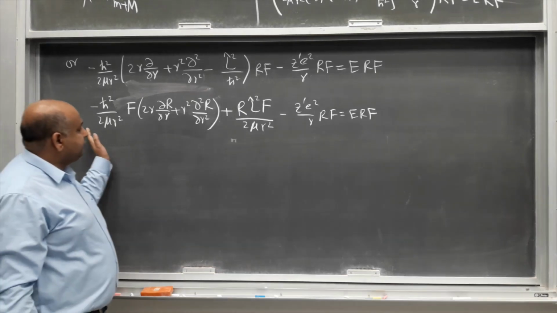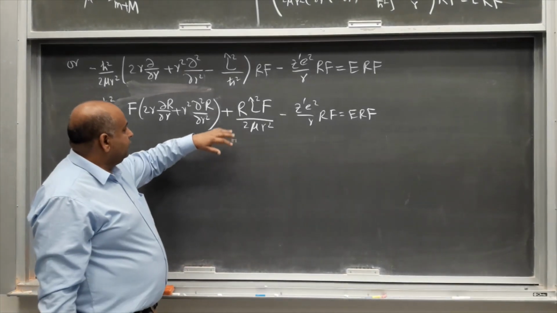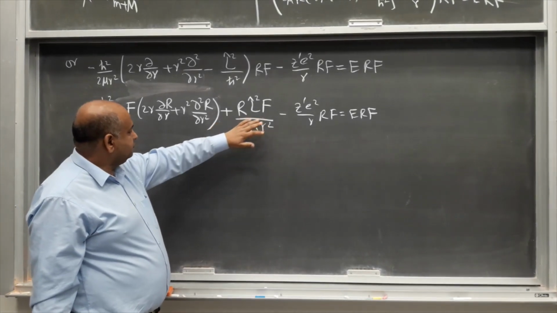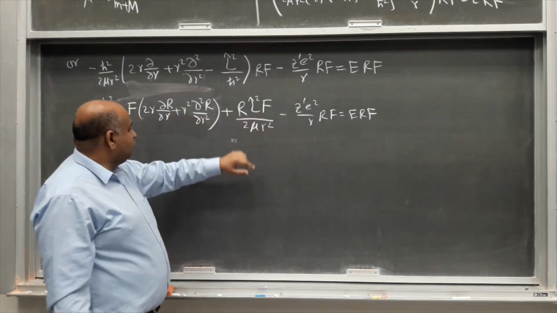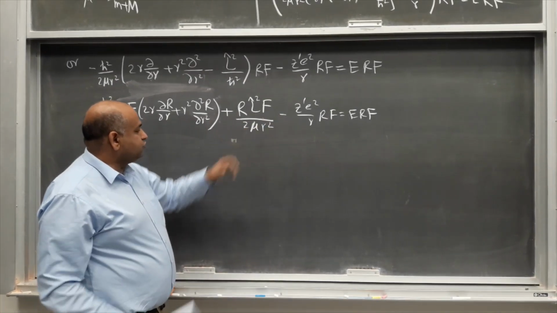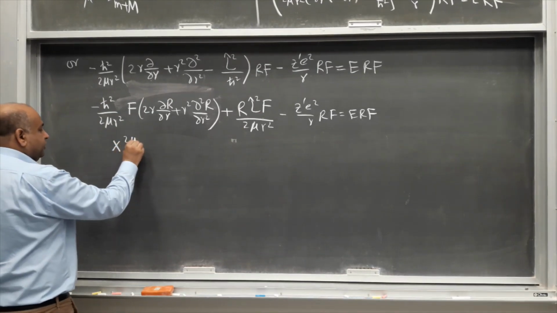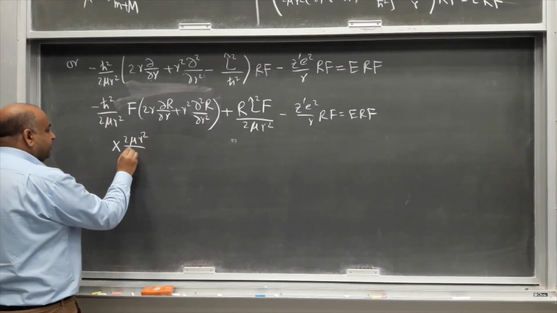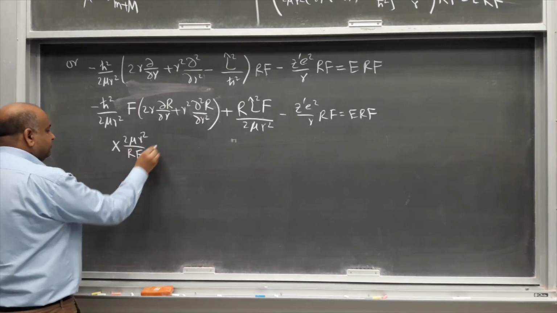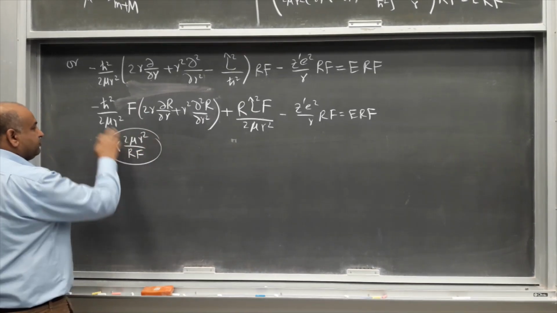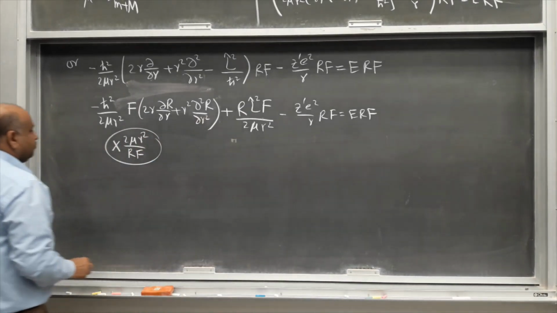Now let's divide the whole equation by R f and multiply the whole equation by 2 mu r square. So I'm going to do this operation on all of the equation.